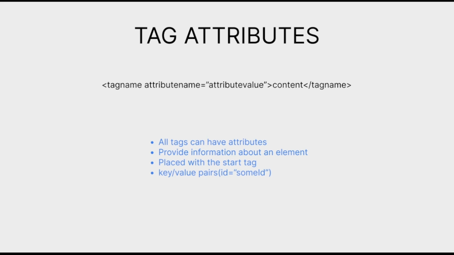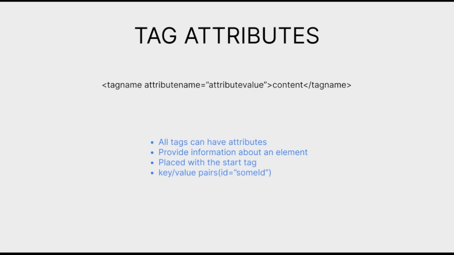All tags can have attributes. They provide information about an element, and they are placed with the start tag as here, and they are key value pairs like this ID. The ID is the key and some ID is the value.